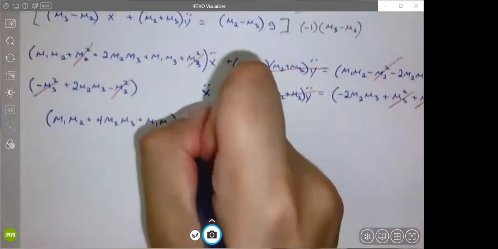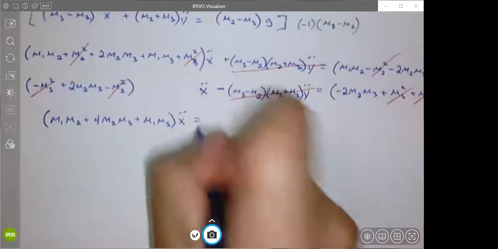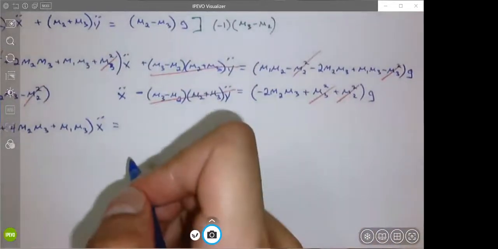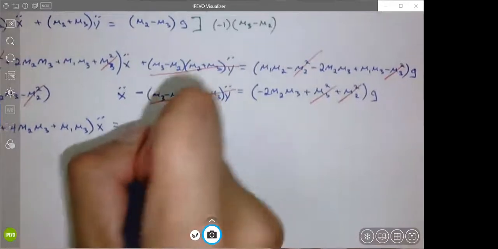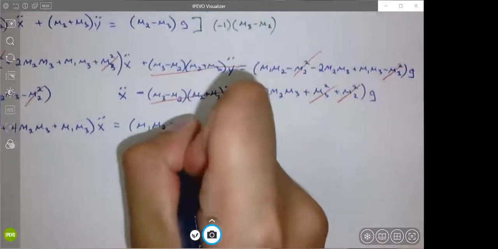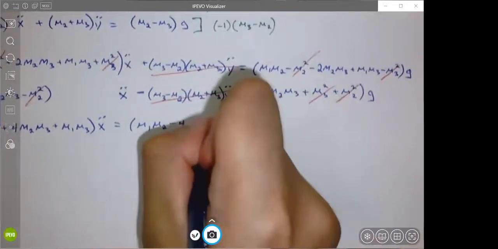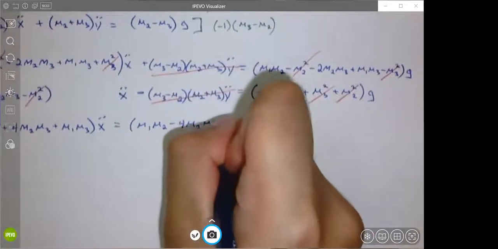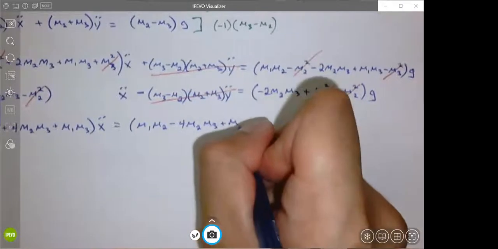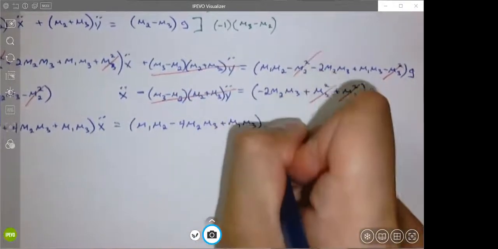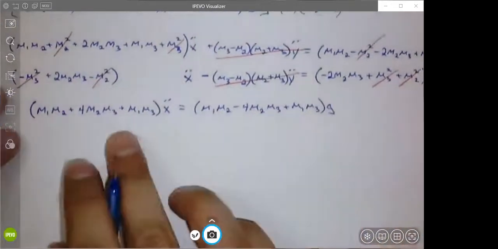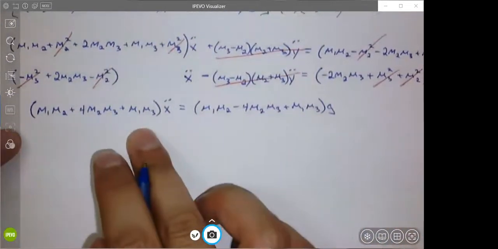And that's going to be in the x dot direction, and it's going to equal this side, whatever's left over here, and that will be m1 m2 minus 4 m2 m3 plus m1 m3 multiplied by g. And the last thing to do is just divide both sides by this term right here.